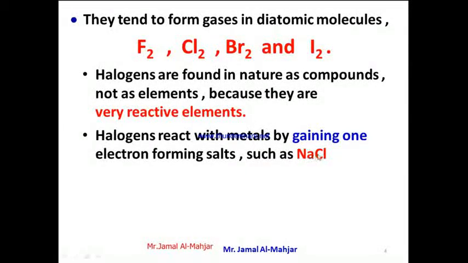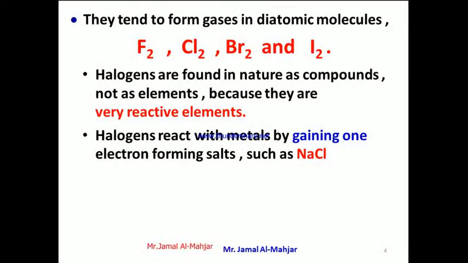Now in this case, Na has a positive charge and Cl has a negative charge. So the name now is sodium chloride. Chloride, not chlorine. This is chloride because it's in a compound. If the halogen is in a compound, we add IDE at the end of the name as a suffix. So sodium chloride.